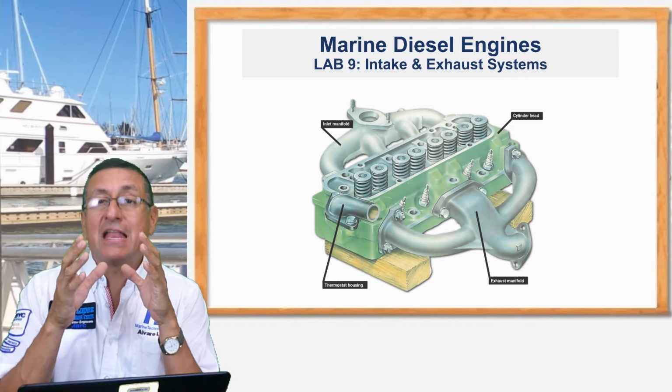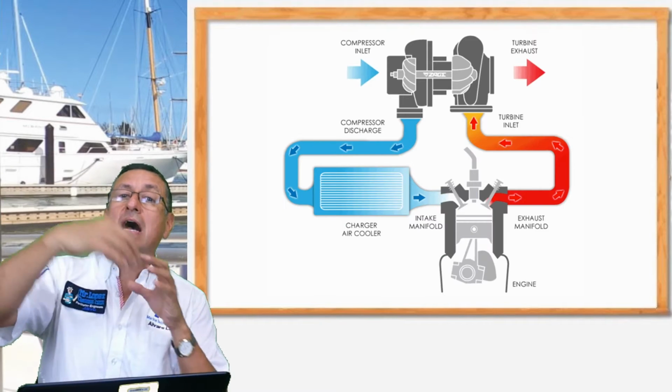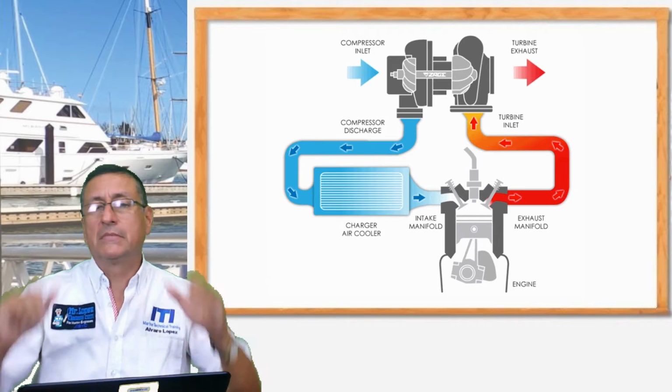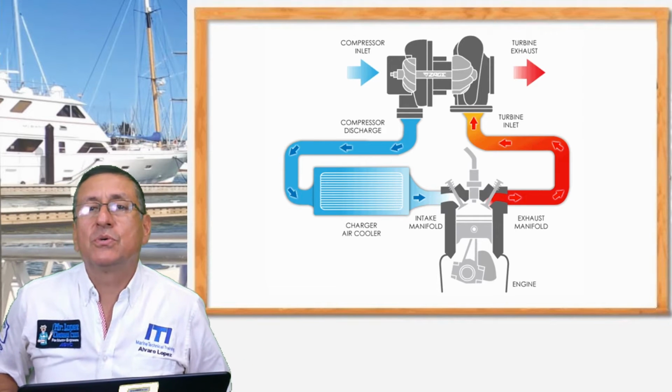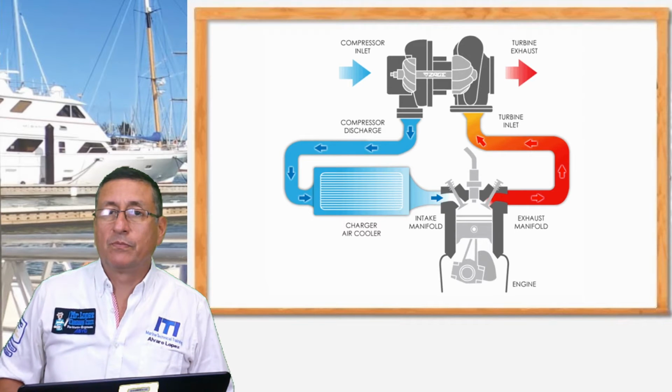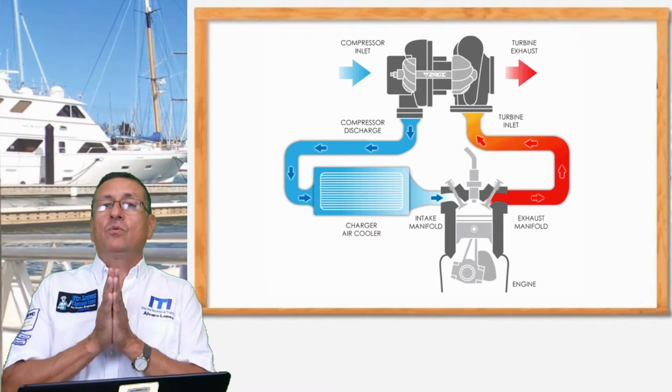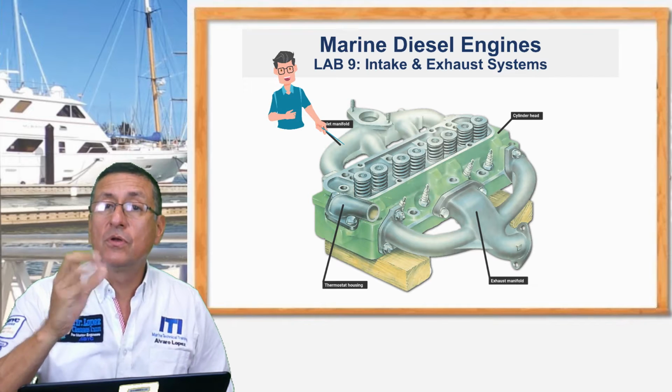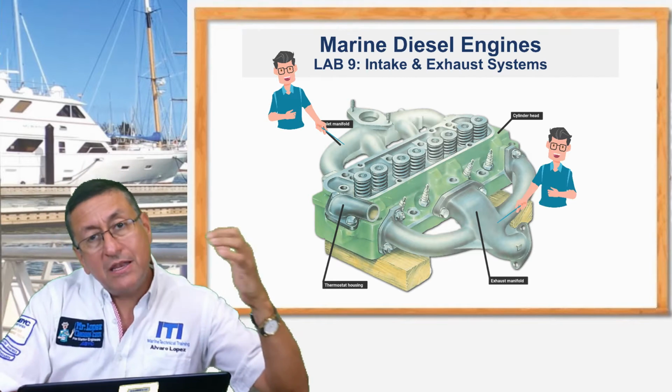If you understand that situation, how the air flows, the troubleshooting in engines is simple. It's too simple. All right, we are going to analyze the intake manifold. We are going to analyze the exhaust manifold.